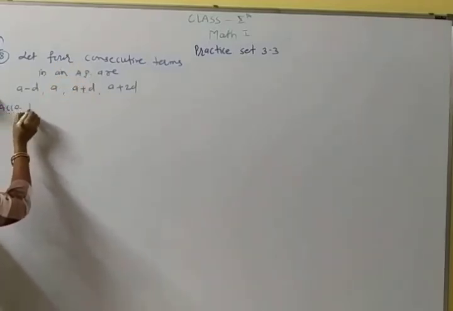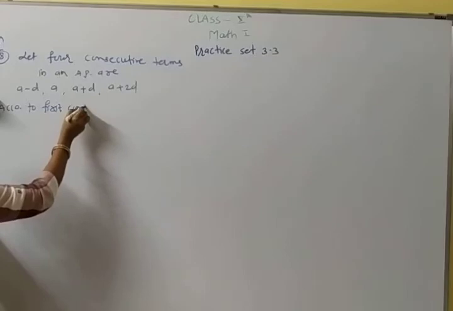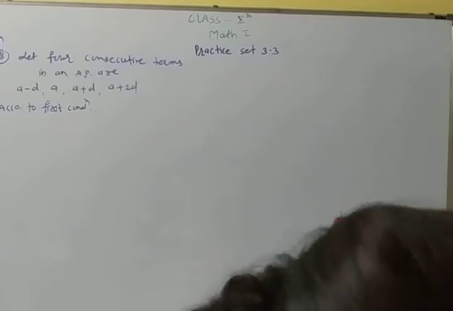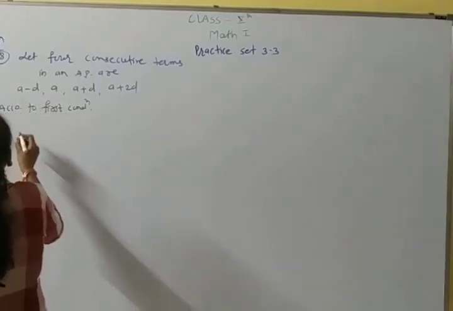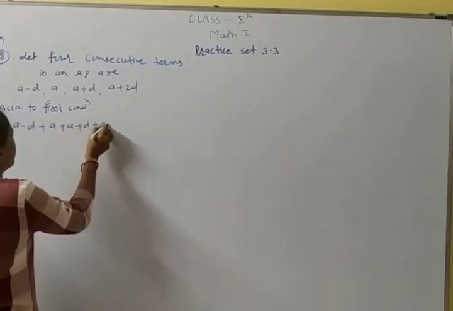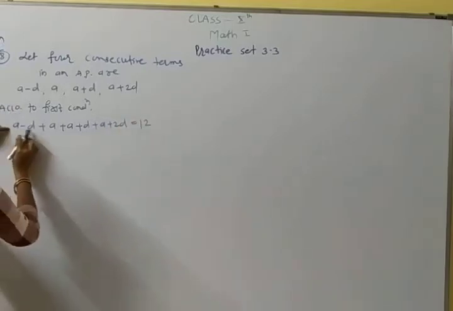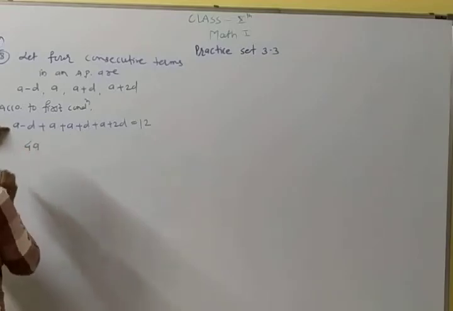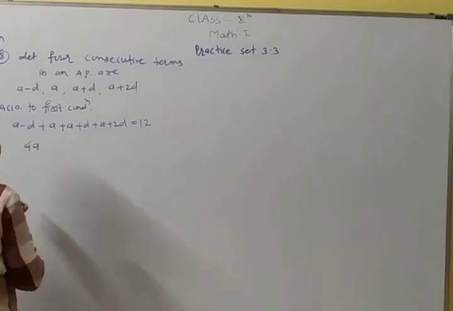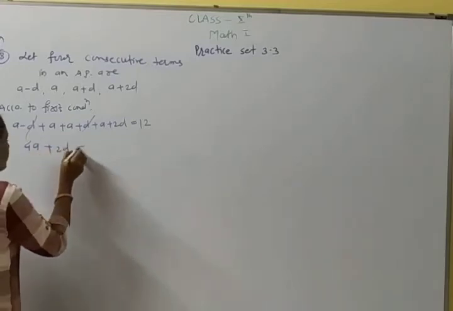According to our first condition, what is the first condition? The sum of all the terms in the AP is 12. So write down a minus d plus a plus a plus d plus a plus twice d equals 12. Solving this, a plus a plus a plus a is 4a, and minus d plus d cancel, and here plus 2d equals 12.